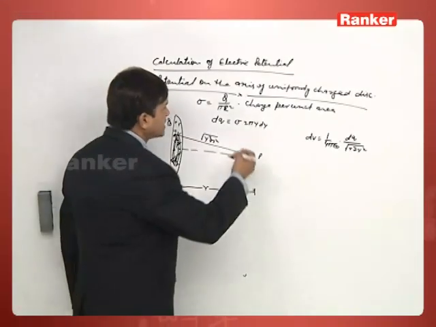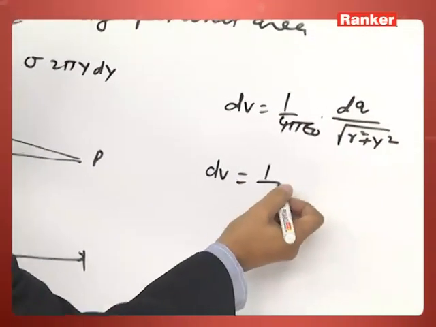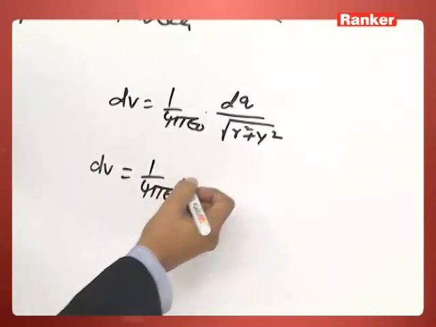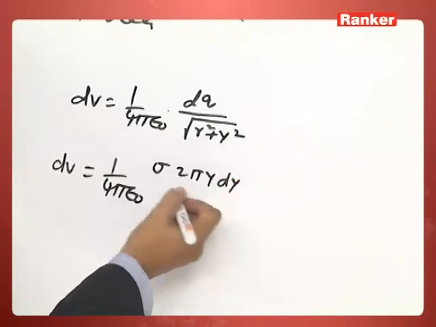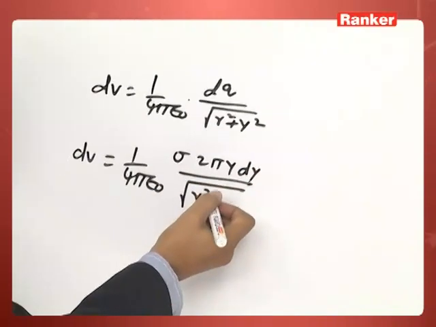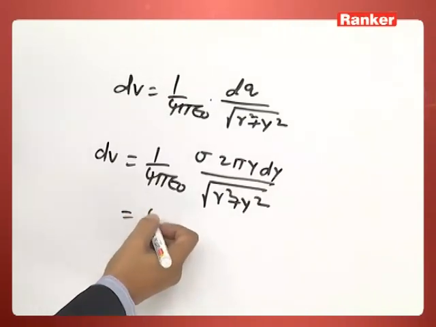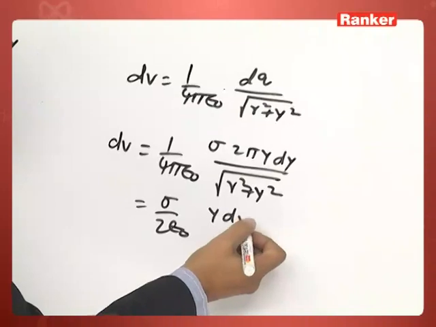Now, substitute the value of dq. So dV is 1 by 4 pi epsilon naught, dq means here sigma 2 pi y dy, over root of r square plus y square. That gives sigma by 2 epsilon naught y dy by root of r square plus y square.